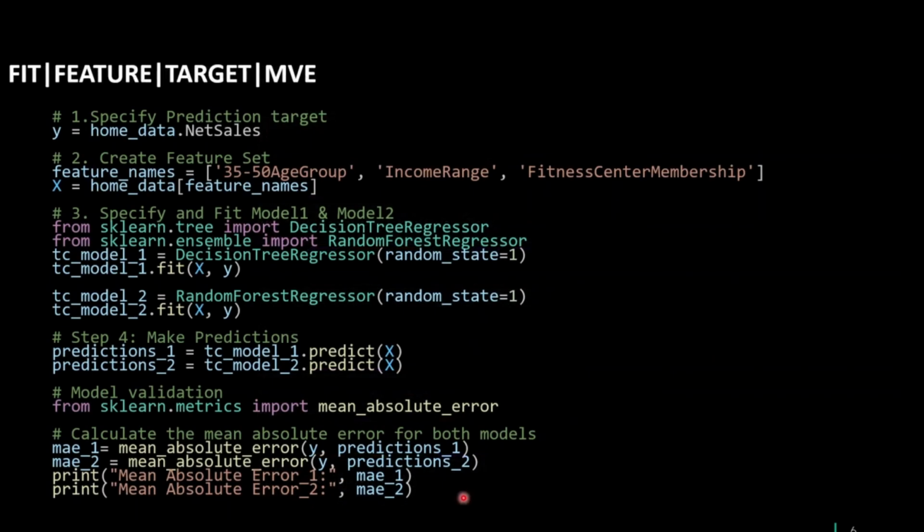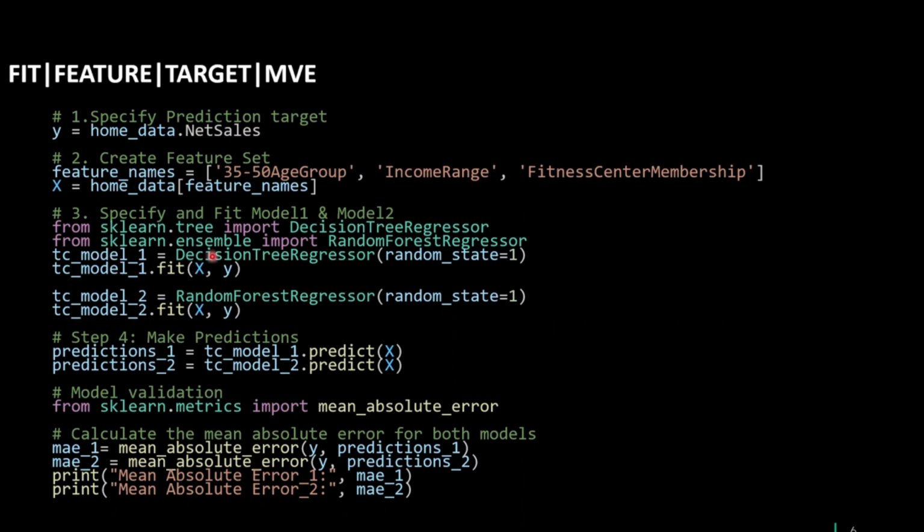Code side, straightforward. As we said, net cells we want to initialize into y, which is our target that we want to find out or predict. The feature set is the data which plays the role in reaching the result, and those are age group, income range, and fitness center membership. Once we have the feature set as well as the prediction target, we can initialize model 1.